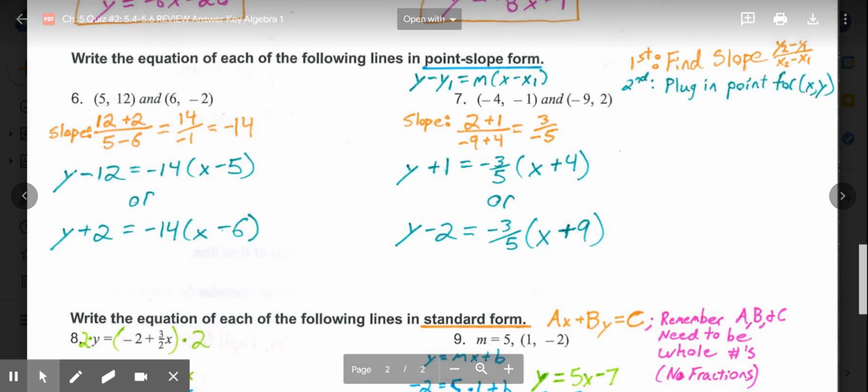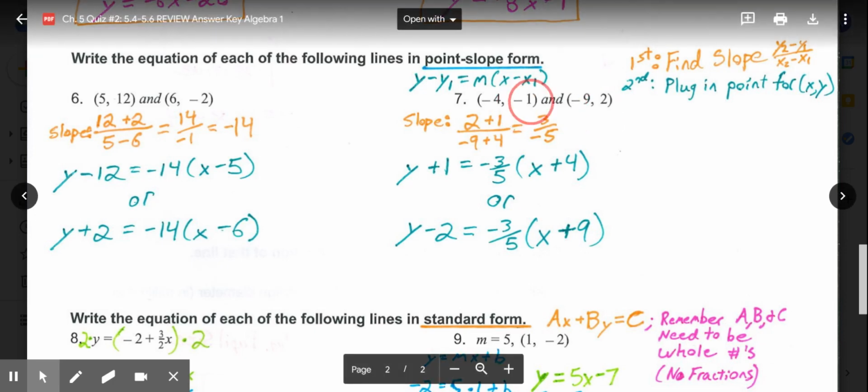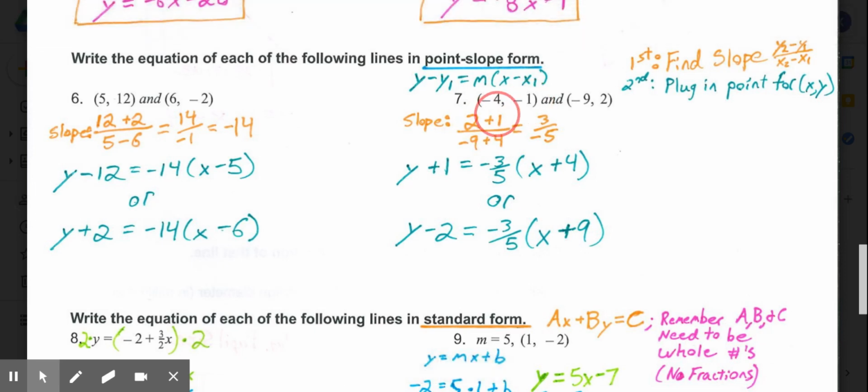So in 7, we need to find our slope first. So on top, 2 minus a negative 1, 2 plus 1. On bottom, negative 9 minus a negative 4, negative 9 plus 4. That gives us a slope of negative 3/5. So now we're going to plug a single point in with our slope to write our equation.